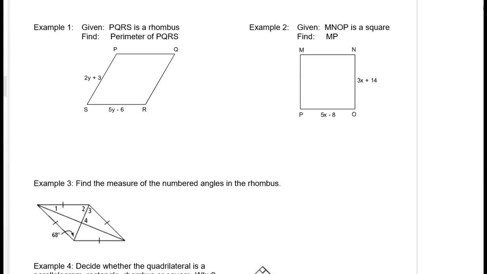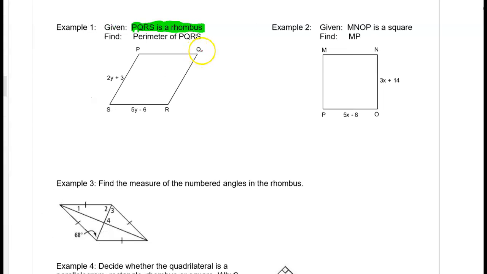So if we look at example number 1 on page 12, we have a rhombus. So that means all four sides are equal. So in this particular problem, we know that 2y plus 3 is equal to 5y minus 6.